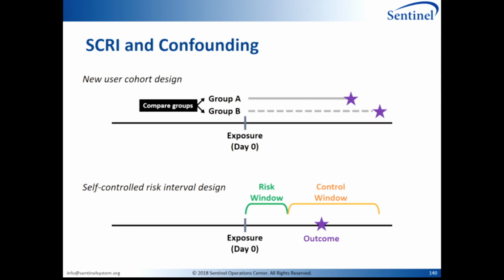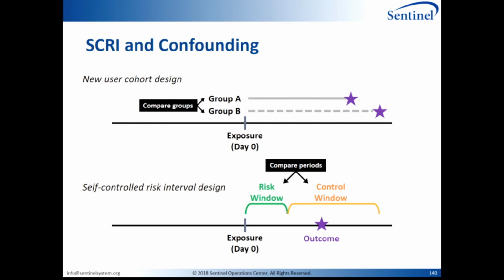In the self-controlled risk interval design, we're comparing the frequency of the outcome in the risk window to that in the control window, and all of these comparisons are within persons, and so we do not need to make those statistical adjustments, but we do need to worry about what's changing within that person between the risk window and the control window.